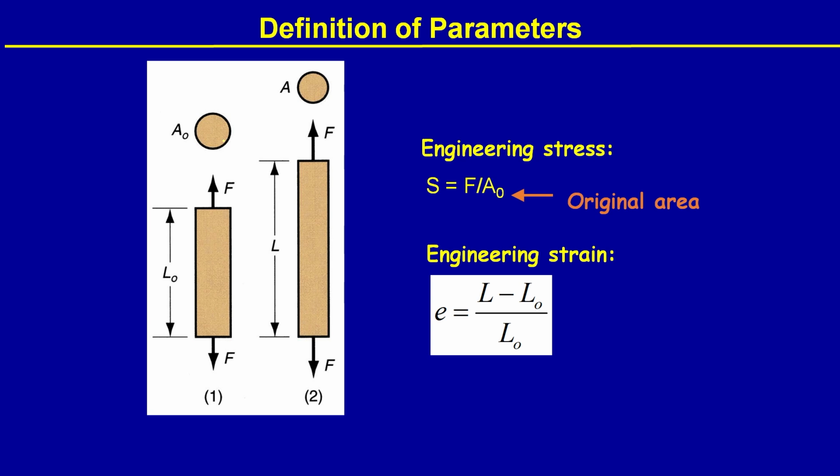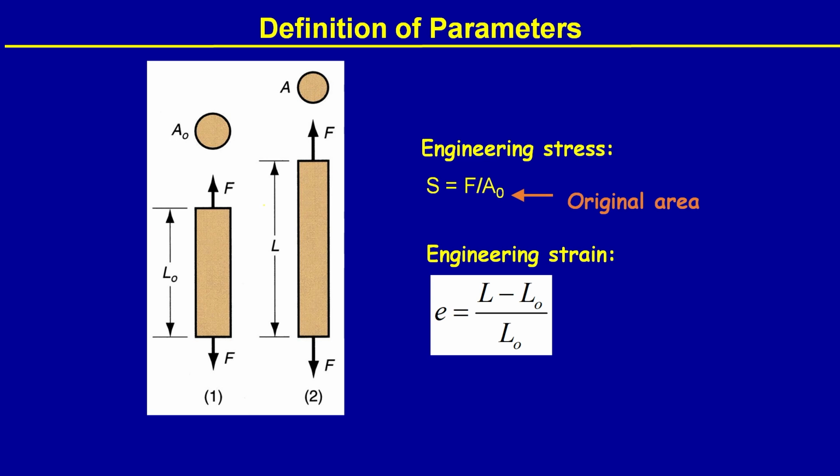So, that is called the original area, and after deformation the length of the sample or specimen will increase, and let us say it becomes L, and the original area has changed now to A. Basically, it is a material, you cannot change the total volume of the material while deforming, right. So, volume is equal to area into length.